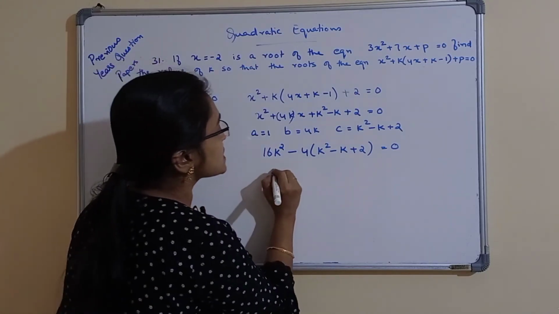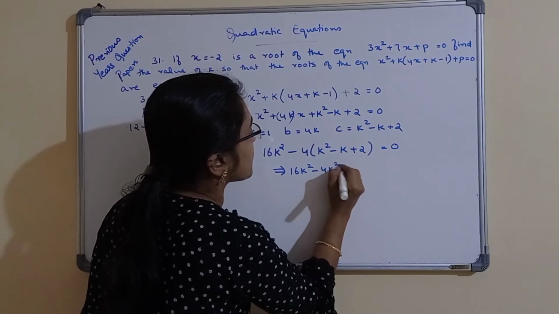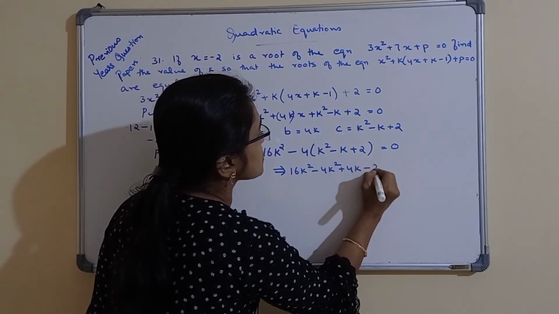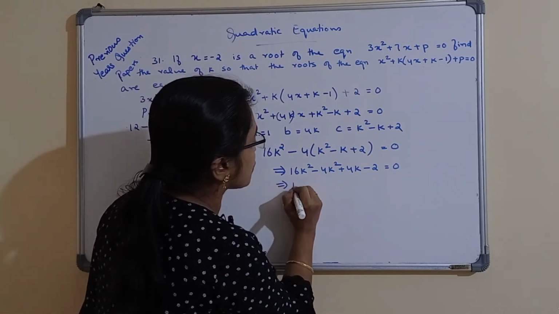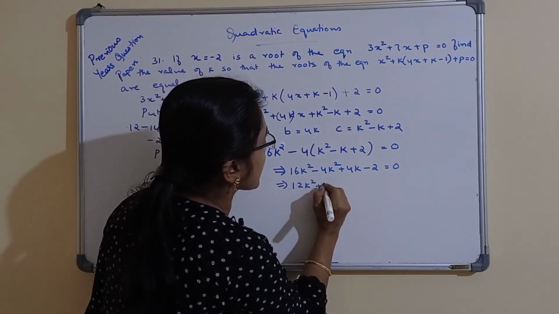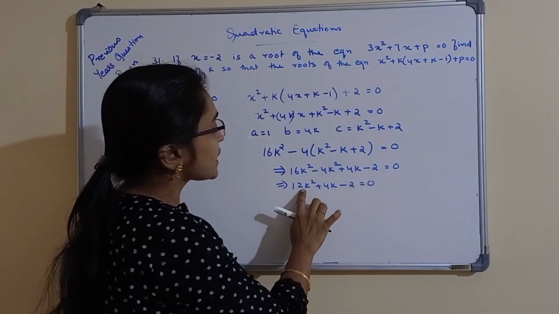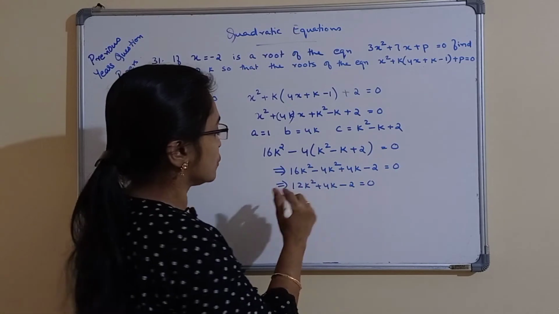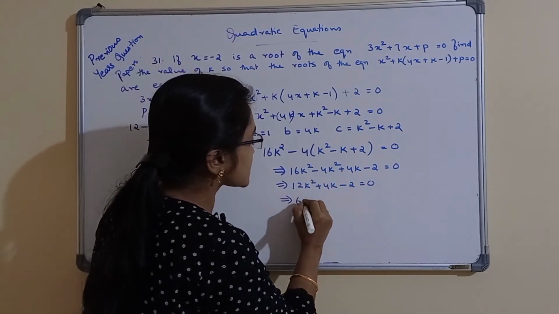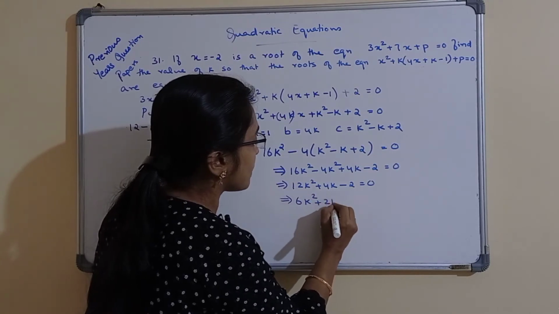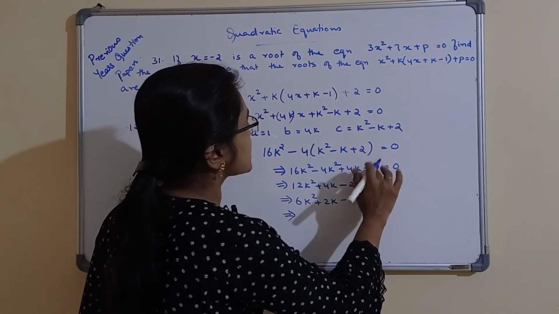Now this implies 16k square minus 4k square plus 4k minus 8 equal to 0, sorry, I made a mistake here, it is minus 8.